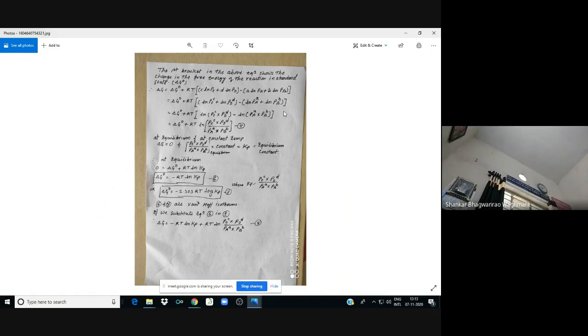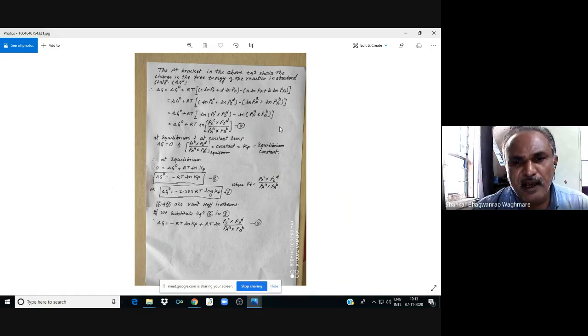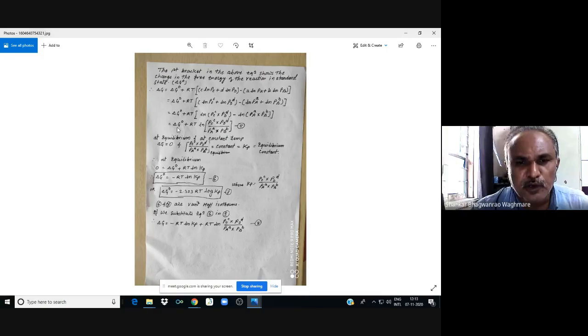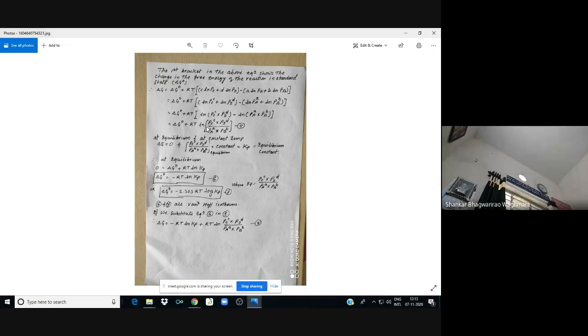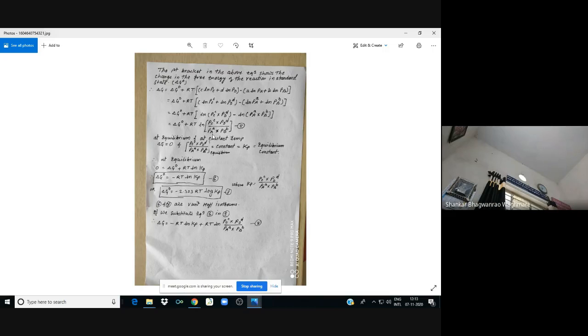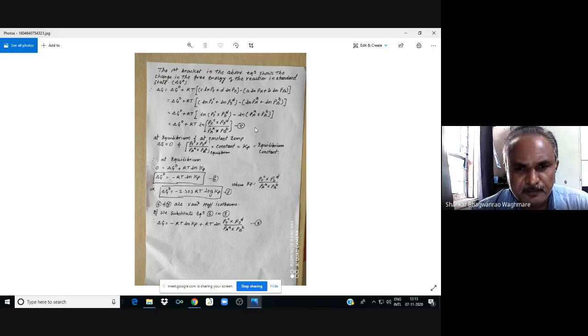And also we know that ln A plus ln B is nothing but ln A into B. And therefore, this equation becomes delta G is equal to delta G0 plus RT ln of PC to the power small c into PD to the power small d over PA to the power small a into PB to the power small b. Suppose this is equation number 5.